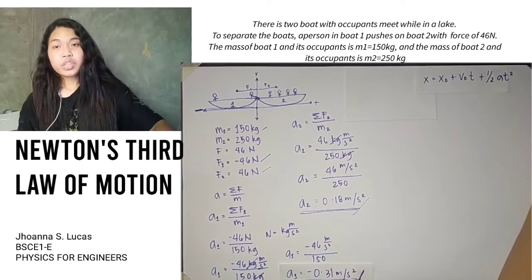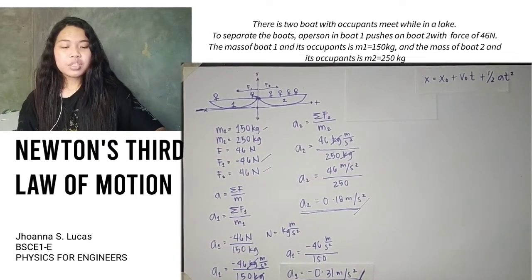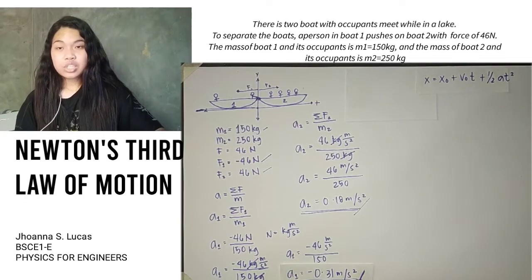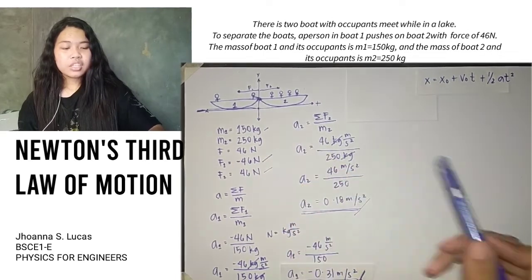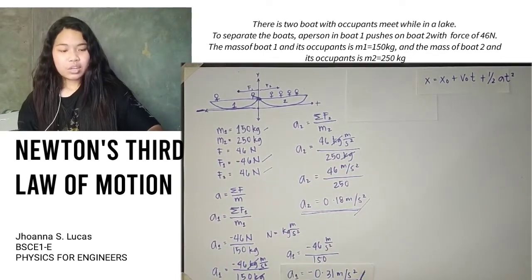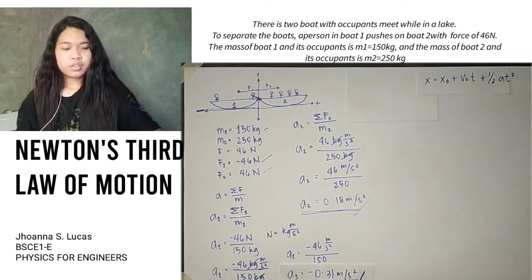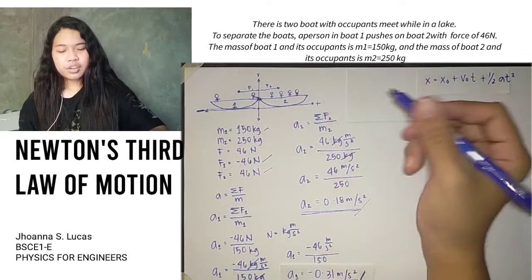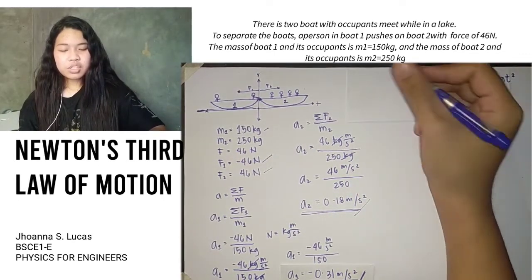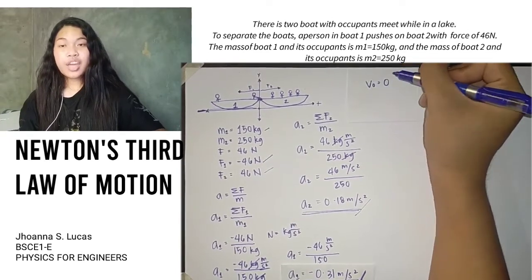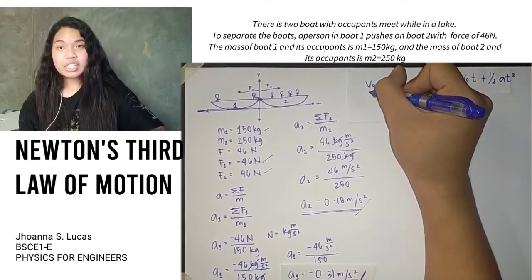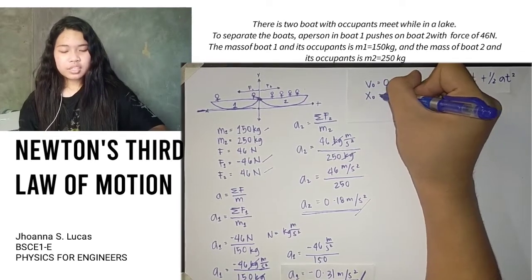Since our initial velocity and our initial position are at the origin, they will be 0. So let's write here in our given, initial velocity is 0 and x sub o, or initial position, is 0.